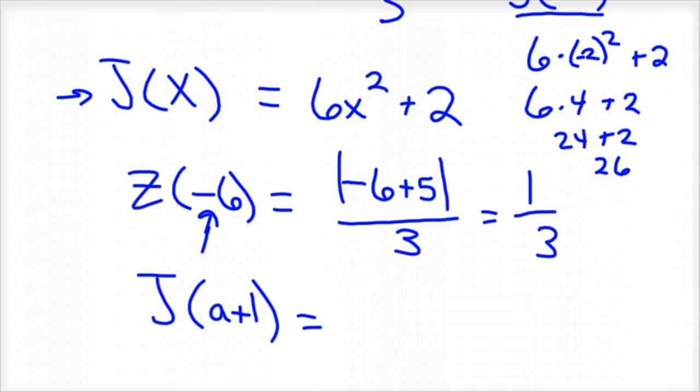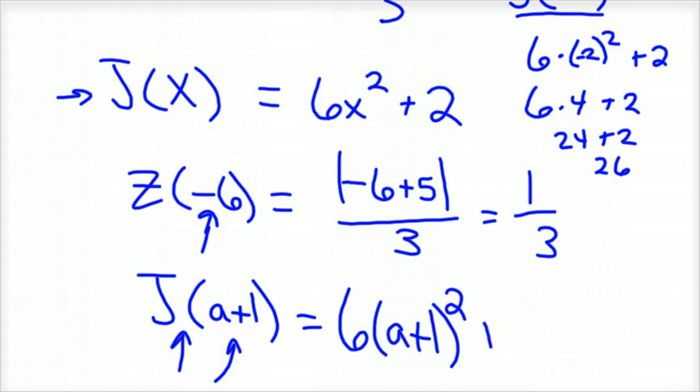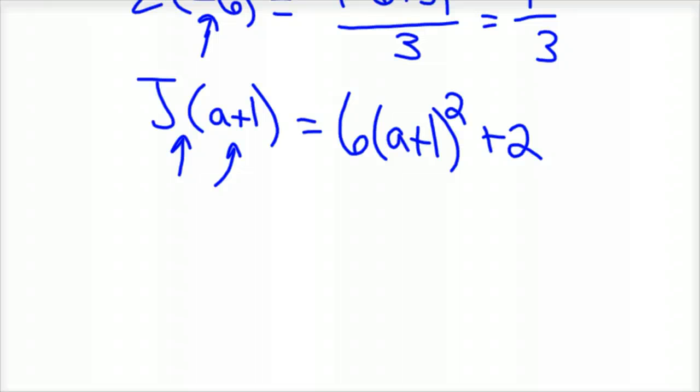But you're just plugging it in. It's telling you to go to the J rule and plug in a plus 1 wherever there's an x. So let's do that. 6 times (a plus 1) squared plus 2. And now you could use the fancy rules to simplify this, but essentially you're done.